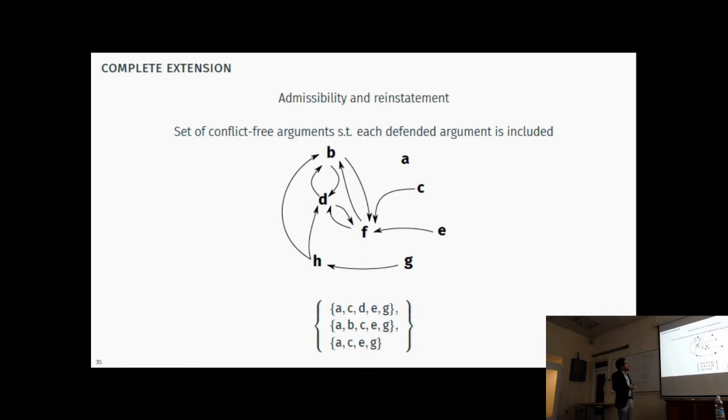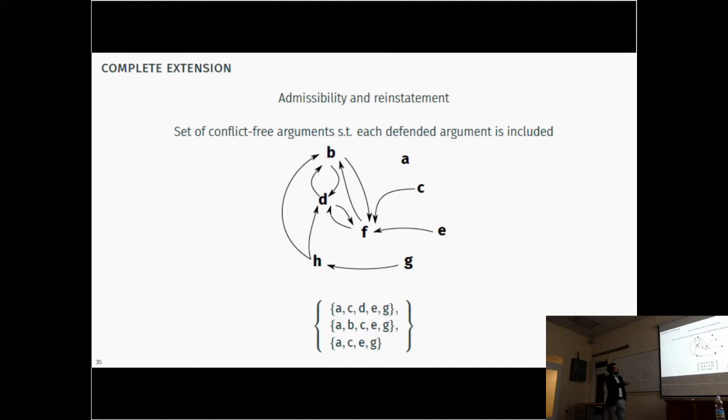It is telling that every extension is essentially a set of conflict-free arguments where each defended argument is also included. Which means that you can start looking at those four arguments here that are unattacked. Therefore, they are, by definition, in this extension.